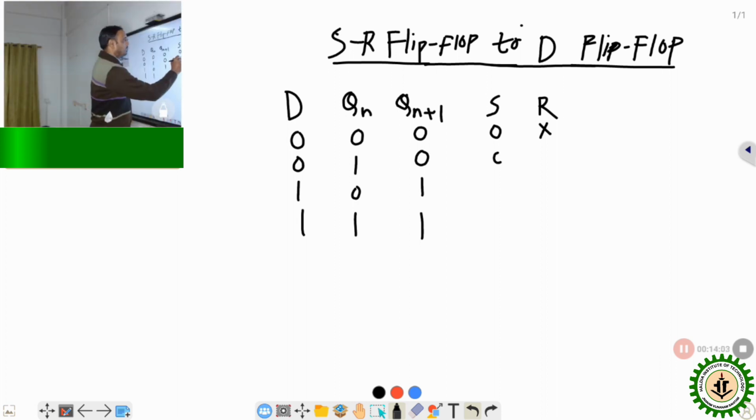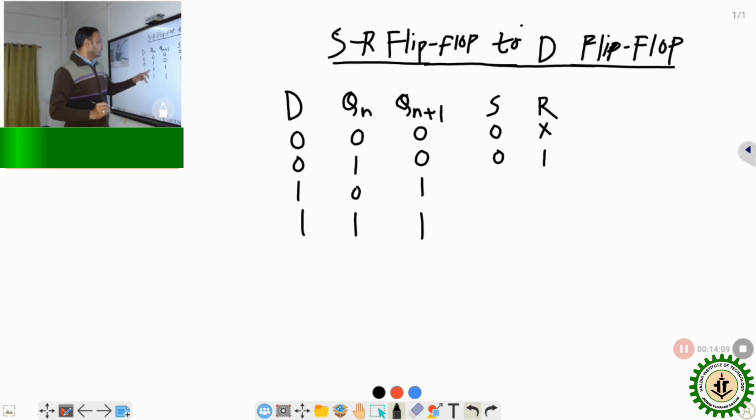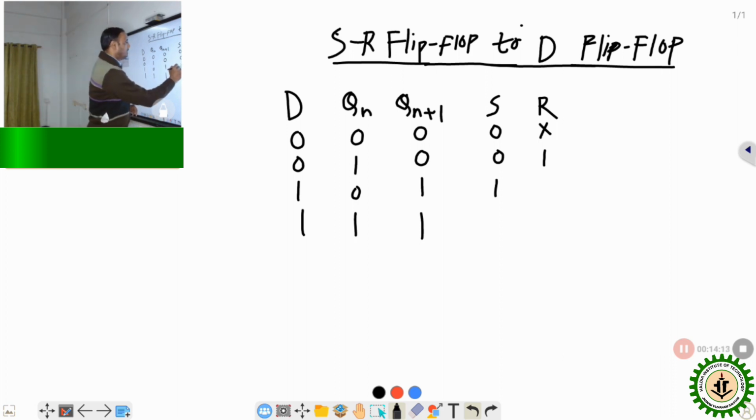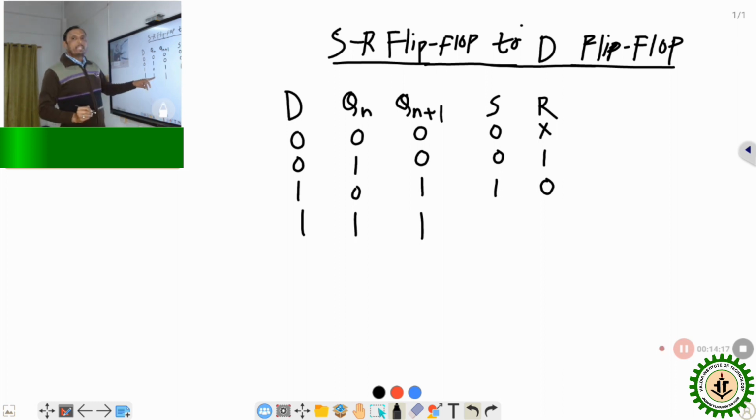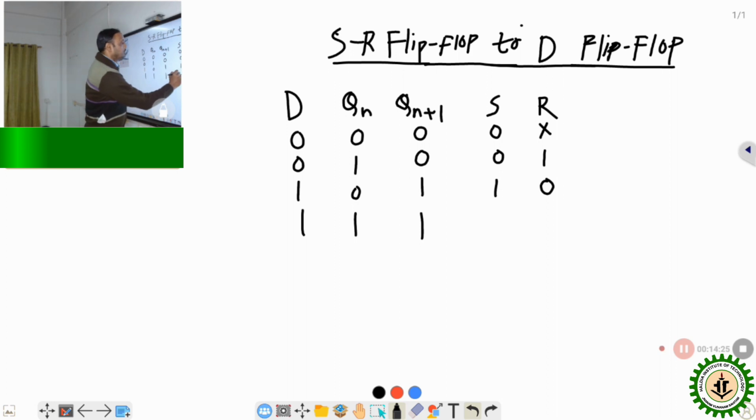When S equals to 0, R equals to 1. 0 1, that means 1 0. And for that case of 1 1, that means it is either 0 0 or 1 0. So for that case, don't care, 0.